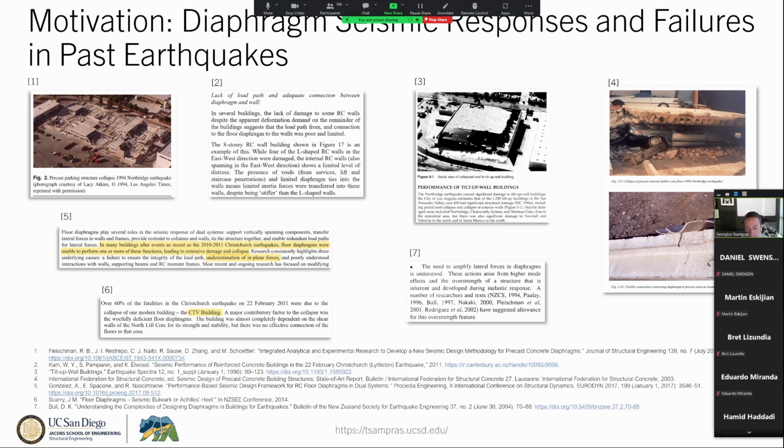This is directly related with the transfer of forces from floor diaphragms into the vertical elements of seismic force-resisting systems. And this is something that research and practice have been acknowledging and are trying to improve our understanding of.